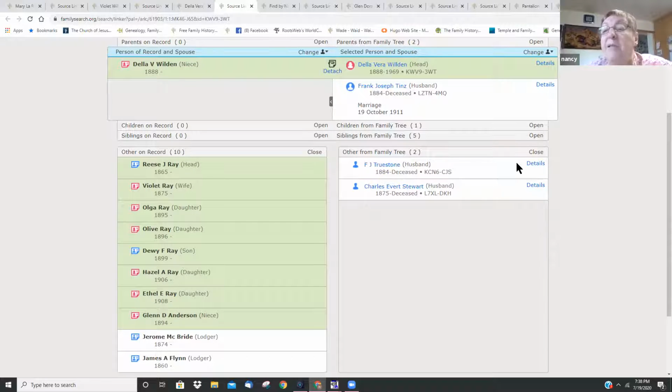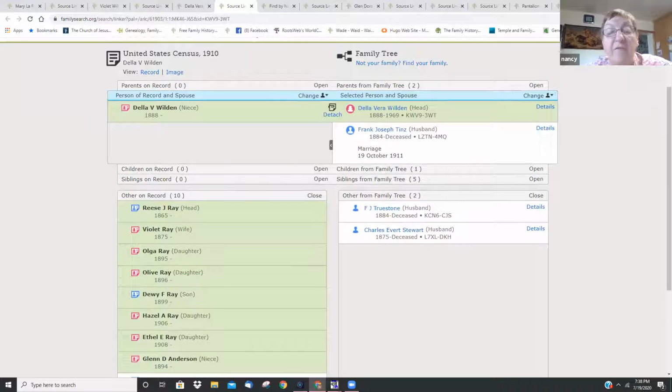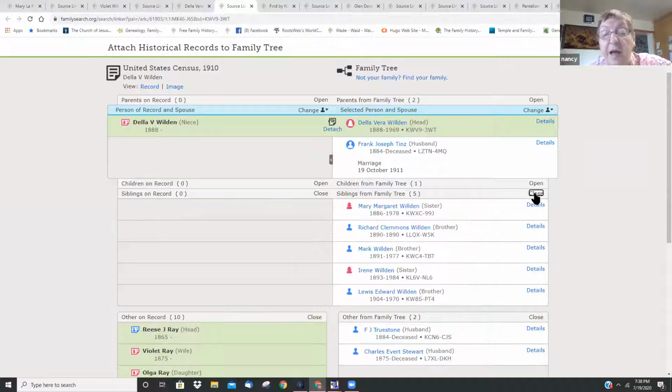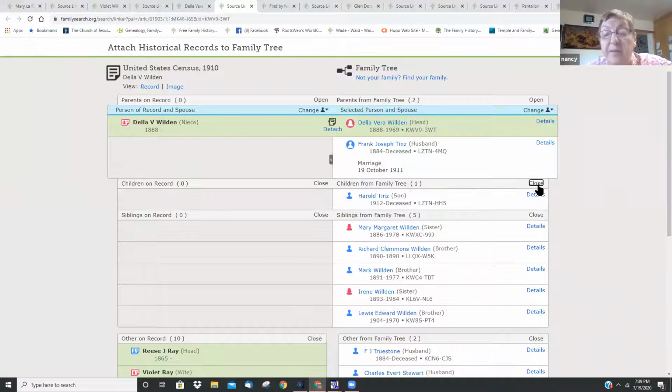Now, there might be something that I haven't yet learned about Family Search that helps me find how to hook up Reese to this screen. It says others from Family Tree, and it lists siblings under Family Tree. Well, that's not who I wanted. Children from Family Tree, that's not who I wanted.